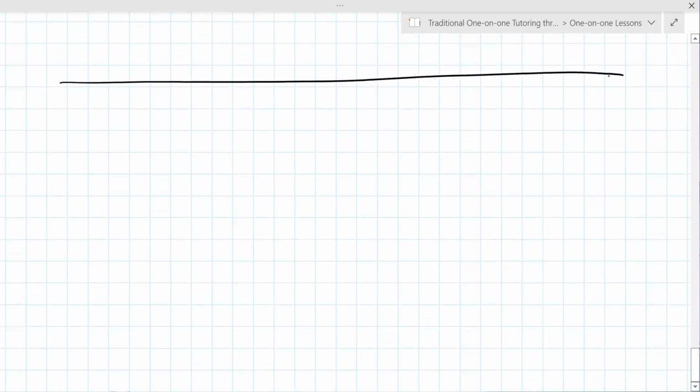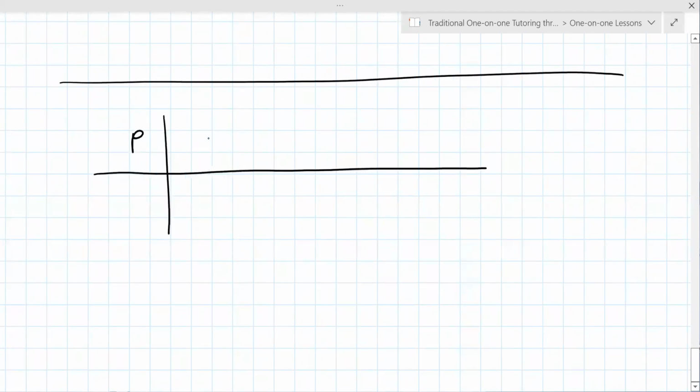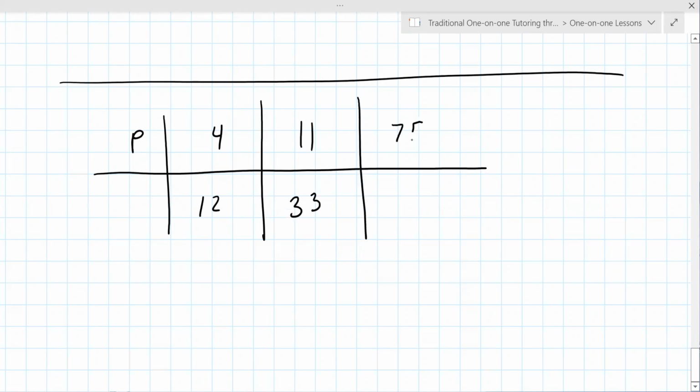Okay, let's try another one here. Can you tell me the rule?